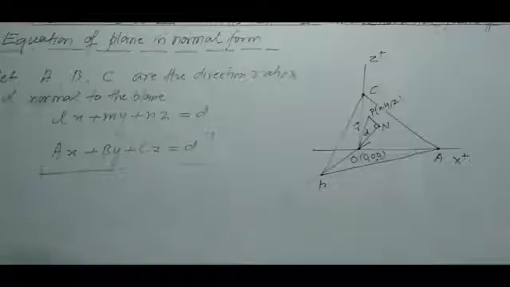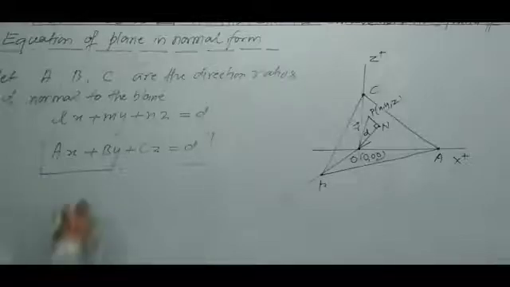Now how to reduce the Cartesian equation to normal form? How we can change? Keep the terms containing x, y, z on LHS and a constant d on RHS.